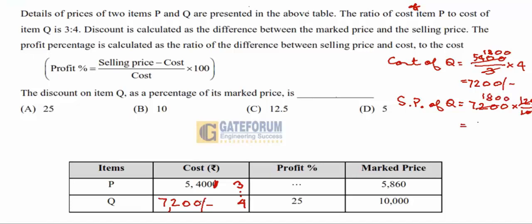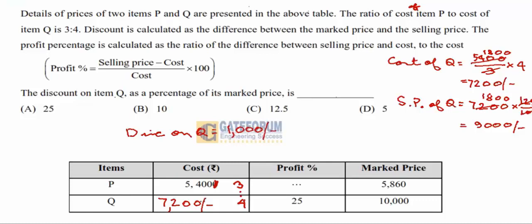So the answer is 9,000 rupees. Now if the selling price is 9,000 and the marked price is 10,000 rupees, then automatically the discount on Q will be 1,000 rupees.